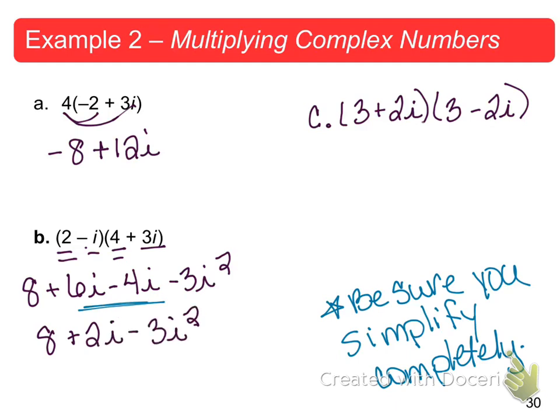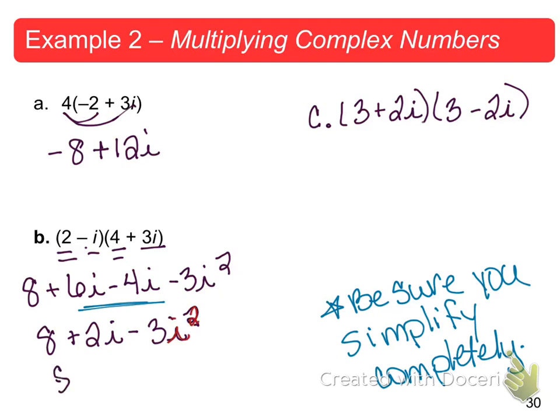And they stop. This is what I'm talking about when I say be sure you simplify completely. This is where students get in trouble. What do we know about i squared? It's negative 1. So we have to deal with this i squared right here.